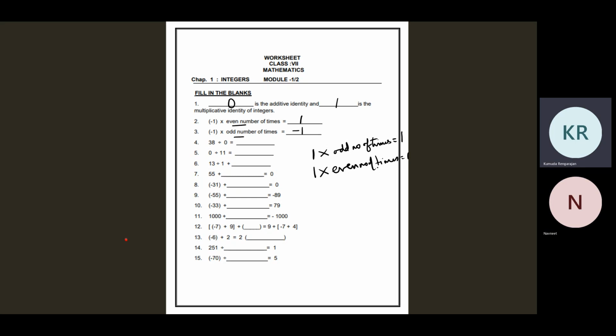So when it is 1 multiplied with itself even number of times or odd number of times, in both the cases the answer will be 1, because 1 into 1 into 1 odd number of times is 1, and 1 into 1 into 1 into 1 even number of times is also 1.